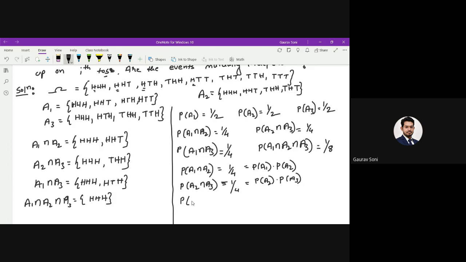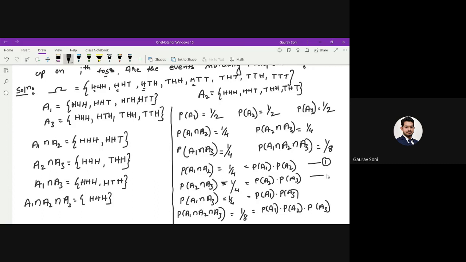The last pairwise one, probability of A1 intersection A3, is also 1 by 4, which is equal to probability of A1 into probability of A3. And the last one, probability of A1 intersection A2 intersection A3 is equal to 1 by 8, which is equal to probability of A1 into probability of A2 into probability of A3.